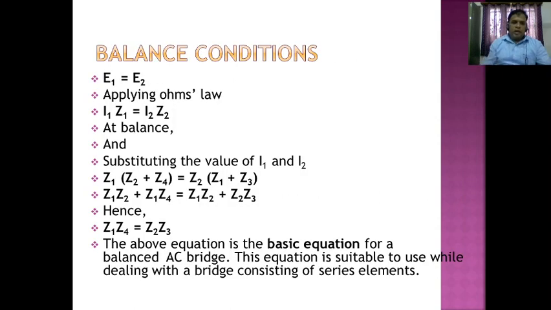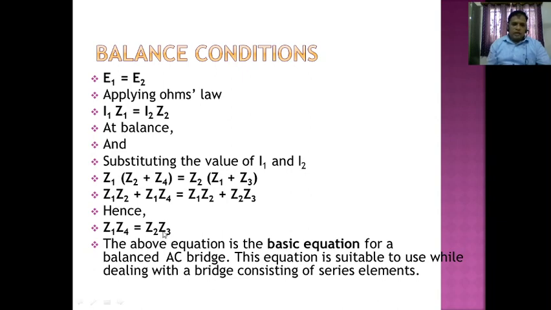Coming back here, applying Ohm's law, I1 Z1 is equal to I2 Z2. Now at balance condition, substituting the values of I1 and I2, Z1 into Z2 plus Z4 is equal to Z2 into Z1 plus Z3, because here we have different types of impedances. This gives us this particular formula, and also we will have Z1 Z4 is equal to Z2 Z3 as the balance condition.